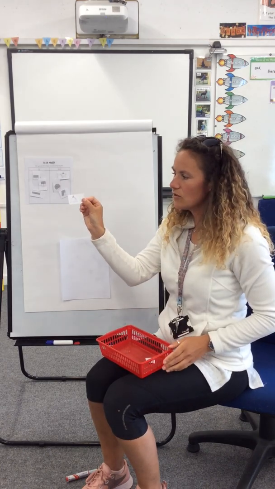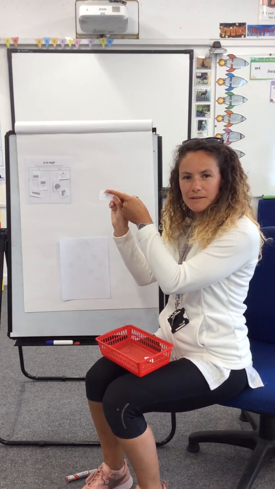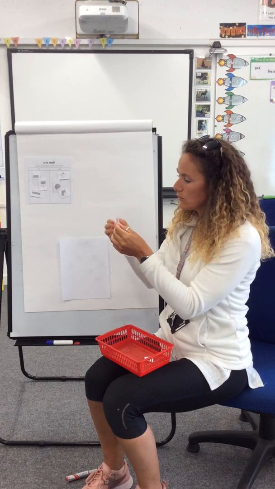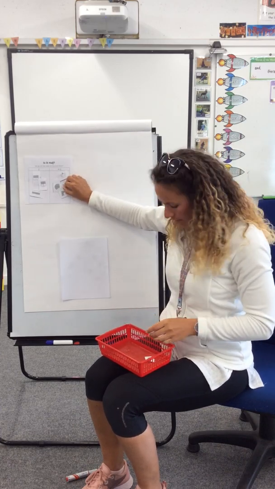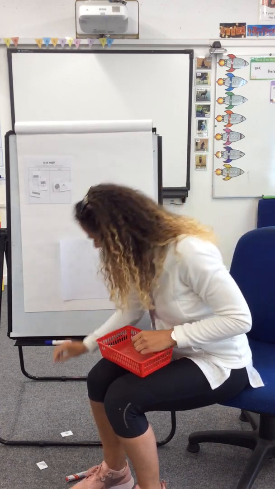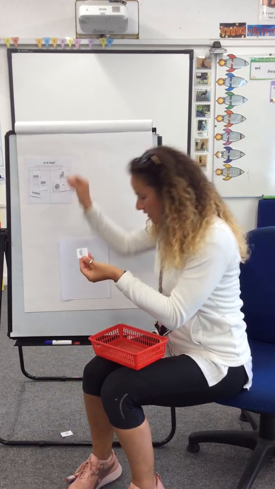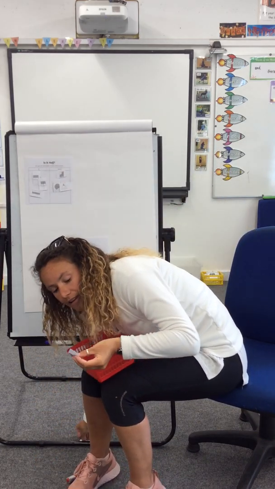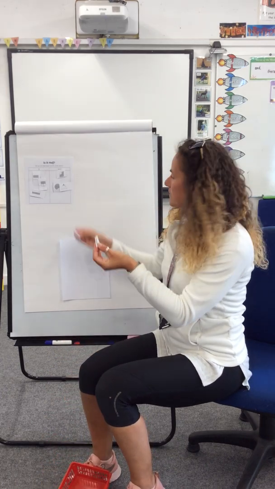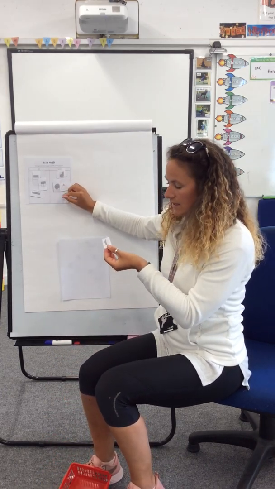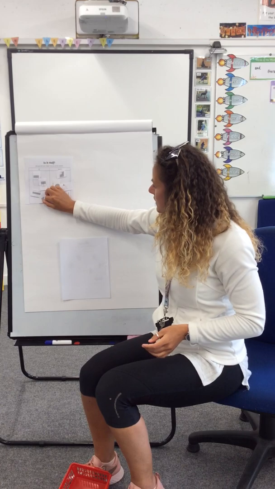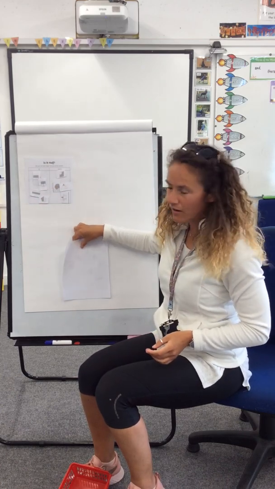I have a triangle, but only the tip has been shaded. Not 2 equal parts, so I'm going to put that in the not half. And then my last shape, I can see that it is 2 equal groups and they have been shaded in half. So that goes there. And I can check my answers.